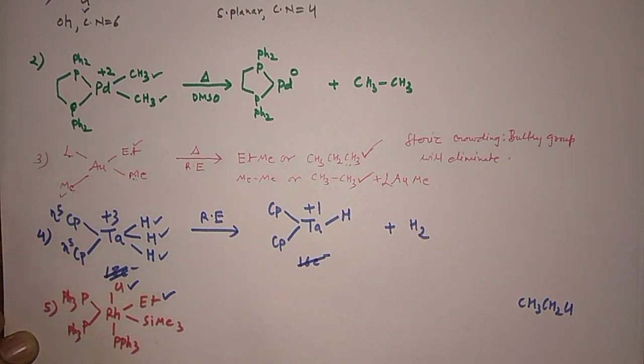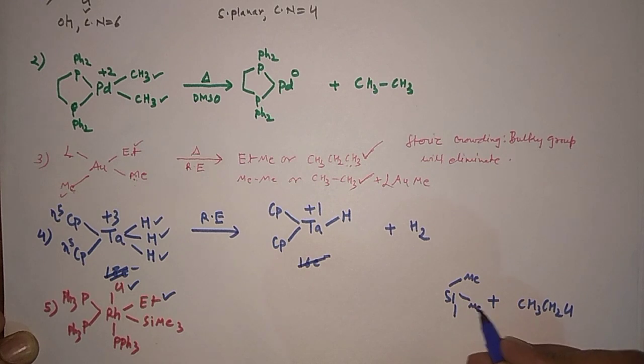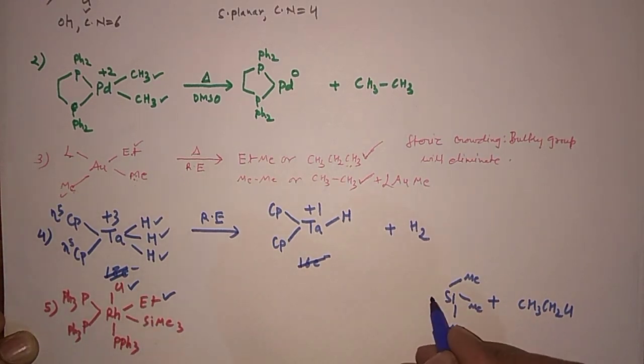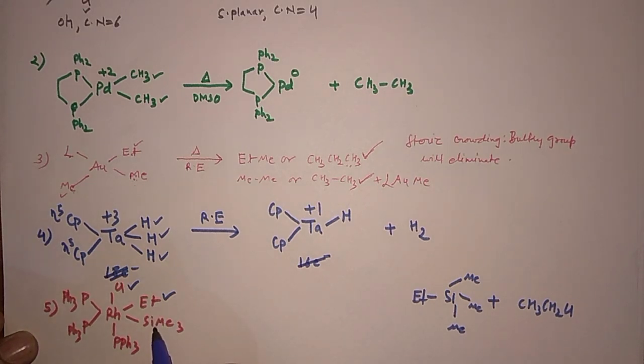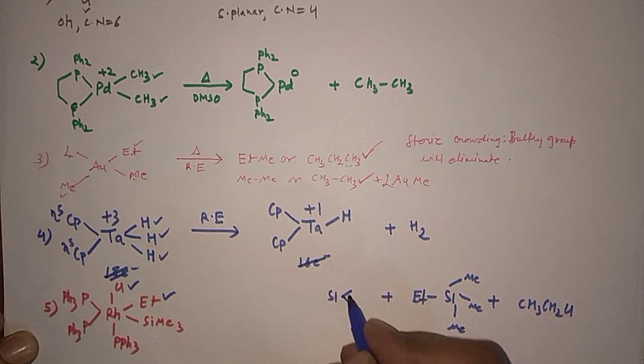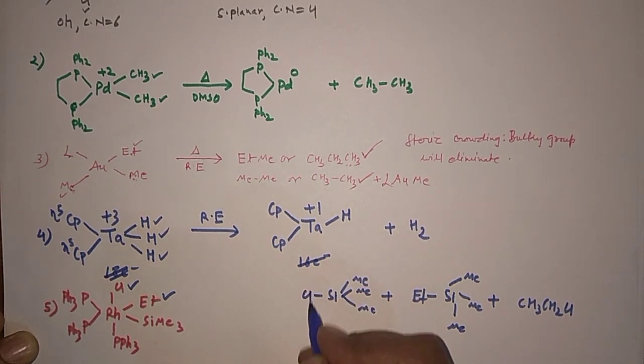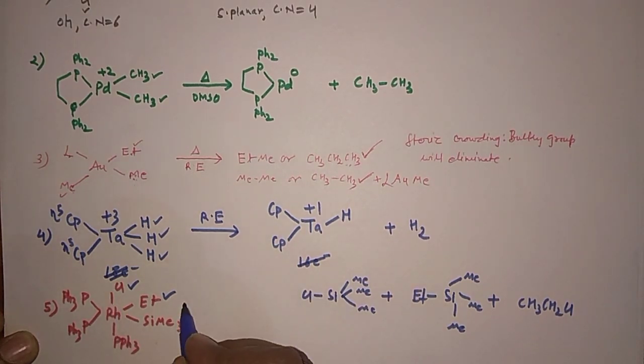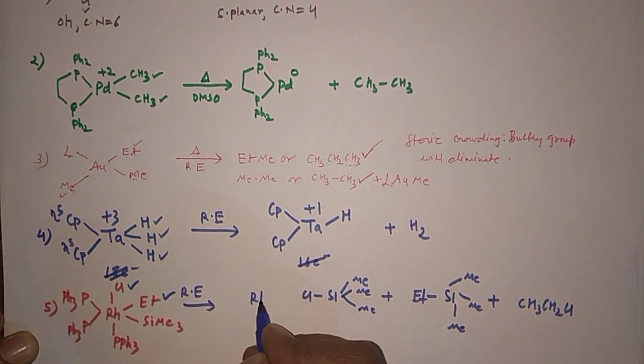This is one possibility, and then you can eliminate this silane in the center and 3Me along with this Et. So you can eliminate these two because these two are also having the cis relationship. Similarly, you can eliminate this Si, and these 3Me are here, and you can add this chlorine along with this one if you are doing the reductive elimination, and then you will have your rhodium.